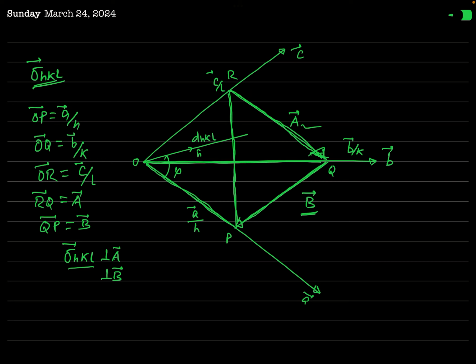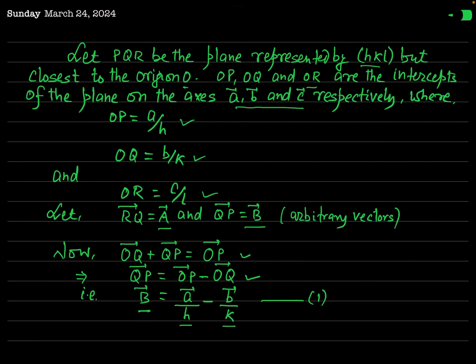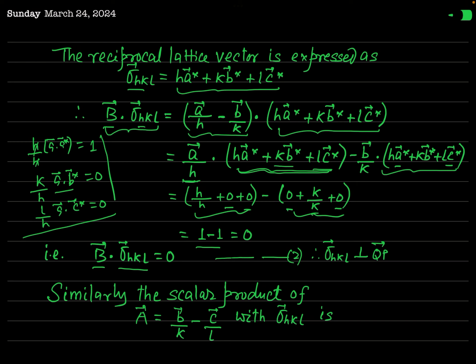You can see this OR plus RQ will be equal to OQ, and so this RQ will be equal to OQ minus OR. Therefore you can say that this A will be equal to B over K minus C over L.